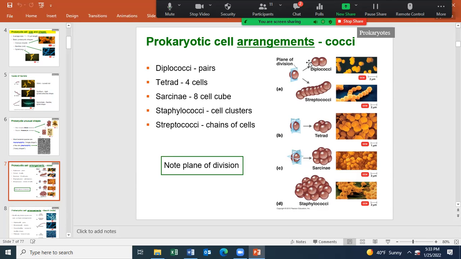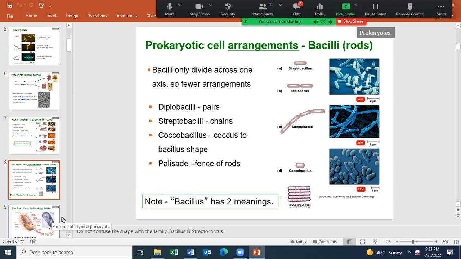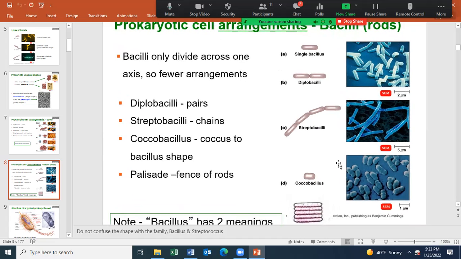Now, the cocci have the most cellular growth arrangements. The bacilli have some cellular growth arrangements, but they have fewer. You can have single bacillus, you can have diplobacillus, let me blow this up a little. You can have streptobacilli, and this is where they're hooked together on the long end. When they're hooked together on the short end, we call this palisade.